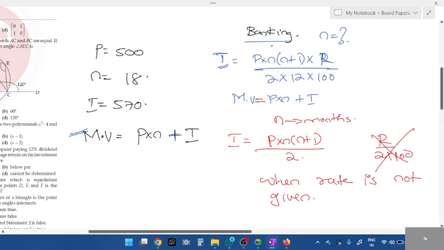All of you completed the right hand side part. When the rate is not given, if they ask you to find interest, use the second formula, students. Just ignore R, 12 and 100; the R, 12 and 100 should be cancelled.